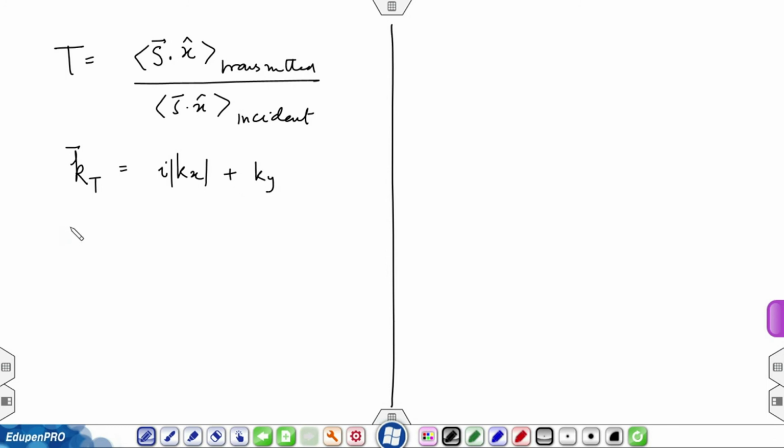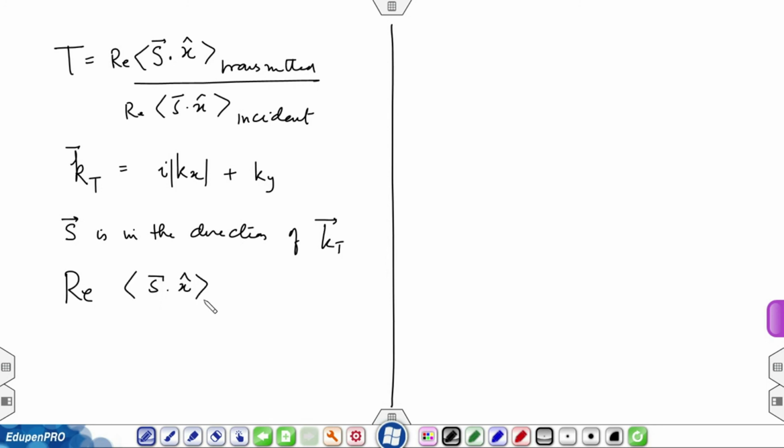And remember, what is S? S is in the direction of k transmitted. If I take the real part of S dot x, this will come out to be proportional to I mod k x real part, and that is 0. So, this also indicates there is no transmission.